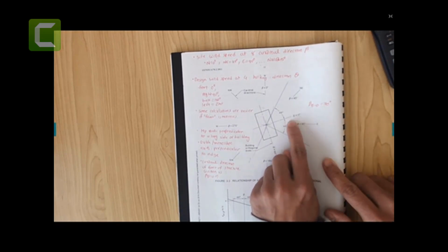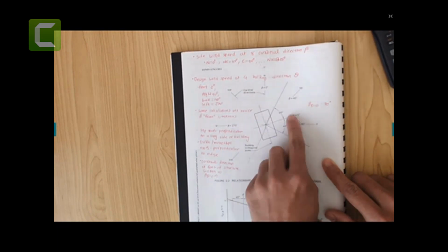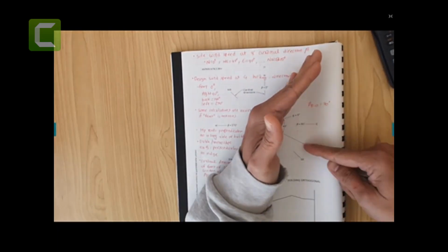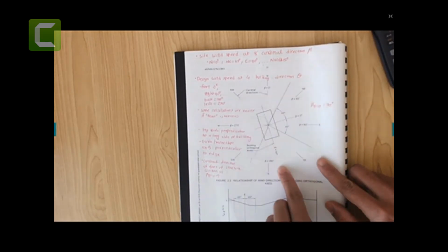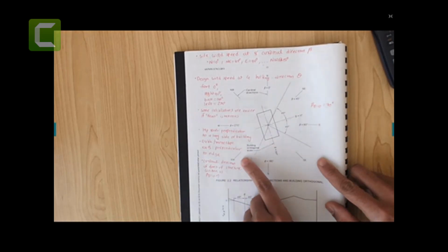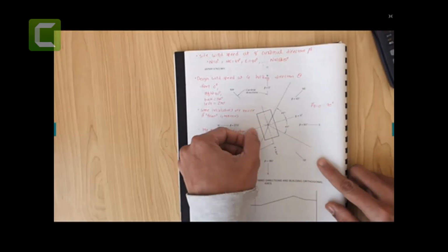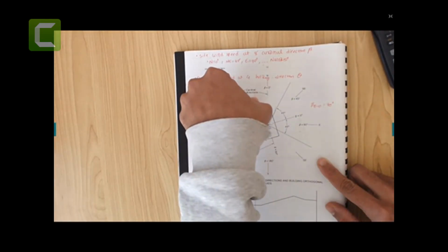Now the standard says that for this axis, take the orthogonal axis as theta equal to 0, always, as your reference. So even if the building is tilted like this, you still take theta equal to 0. Theta equal to 90 you take along this one, and you can say theta equal to 180 and theta equal to 270 here.